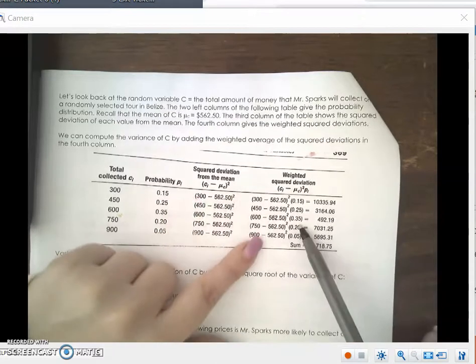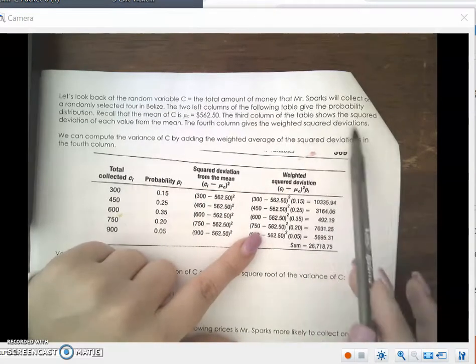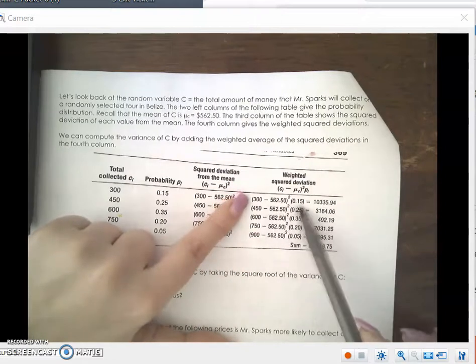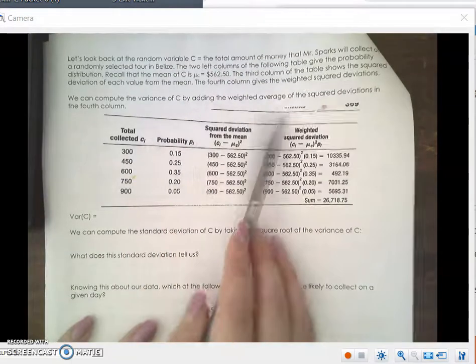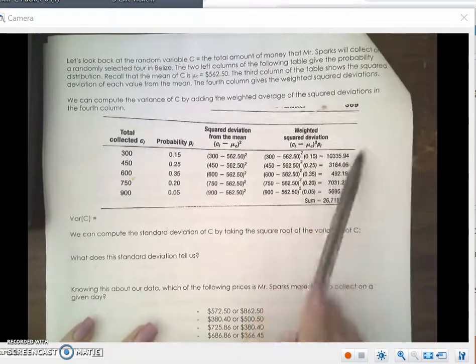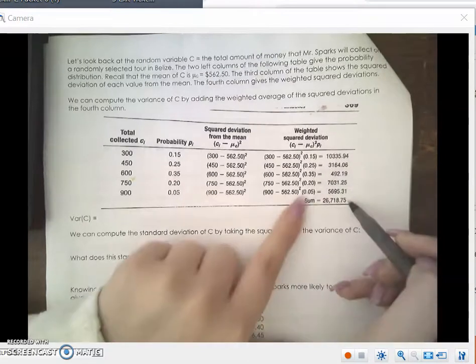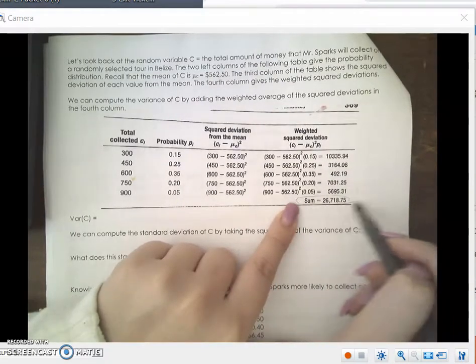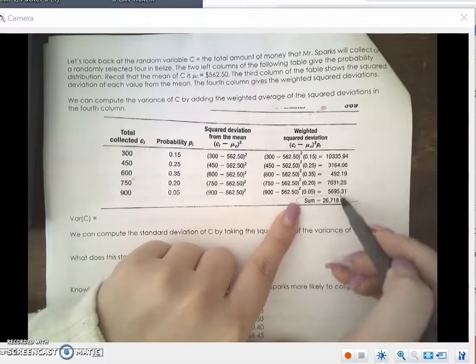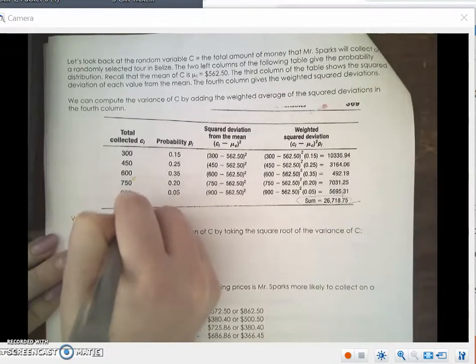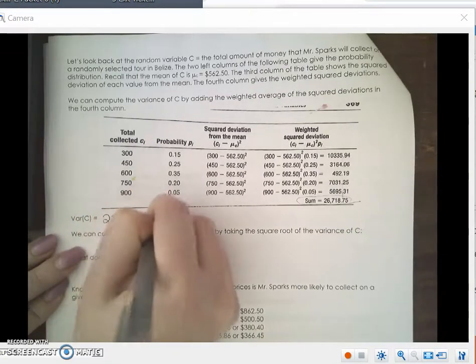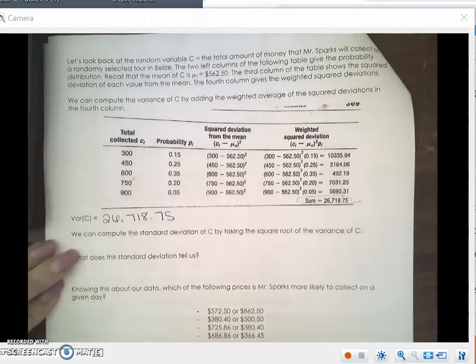The fourth column gives the weighted squared deviation. So the weighted squared deviation multiplies it by its probability. We can compute the variance by adding the weighted average of the squared deviations in the fourth column. So the variance is right here. They added all of these weighted squared deviations. So the variance is equal to 26,718.75.